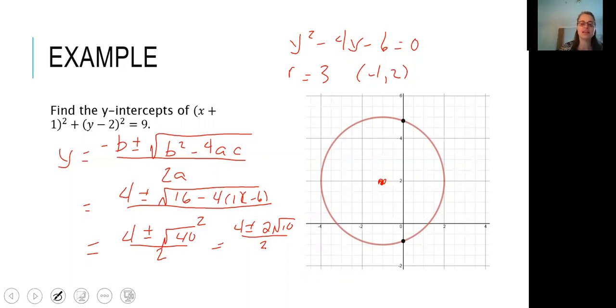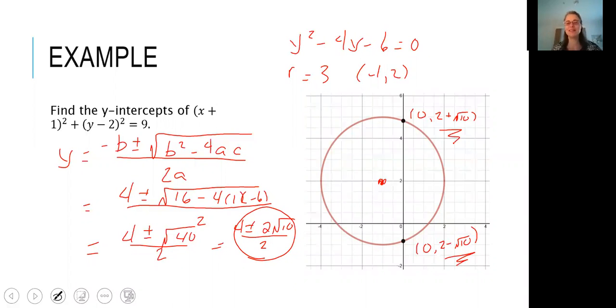So what we have is this y-intercept is at the point (0, 2 plus the square root of 10), and this y-intercept is at the point (0, 2 minus the square root of 10). Make sure you know how to get from here to here and here. If you have any questions, please reach out. All right, so we found the y-intercepts.